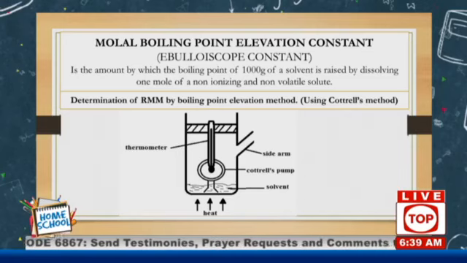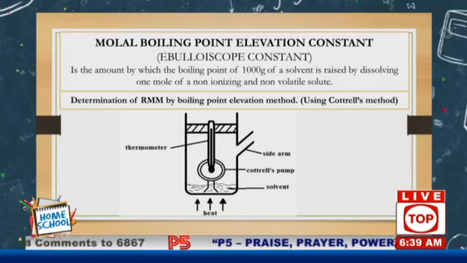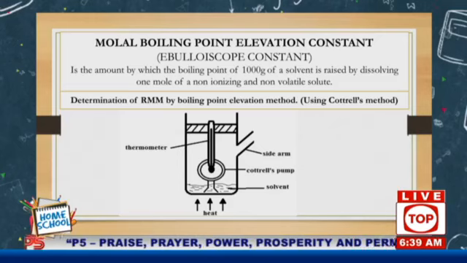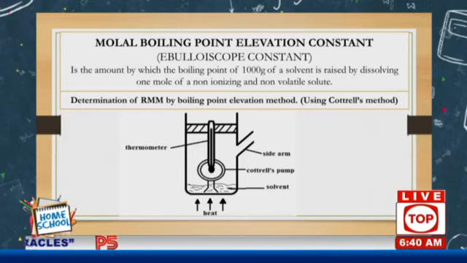Remember, if the boiling point here was T1, here it will be T2. If here was T0, here it will be T1. Okay? Doesn't matter even if you say TA, TB, so long as you maintain what you let there. Okay? So once you do that, you'll be able to come up with the results.